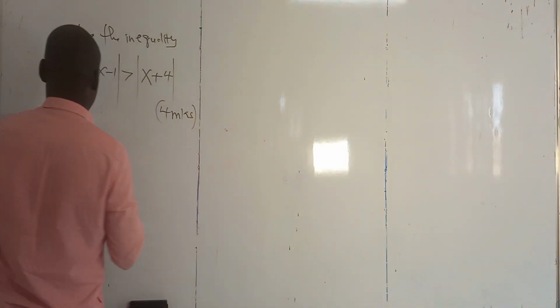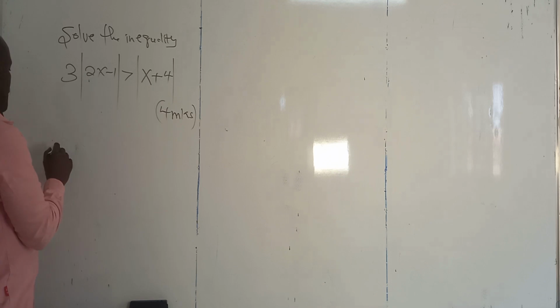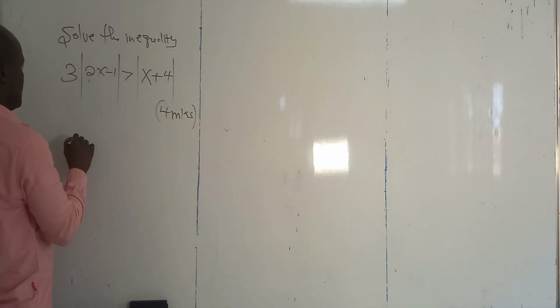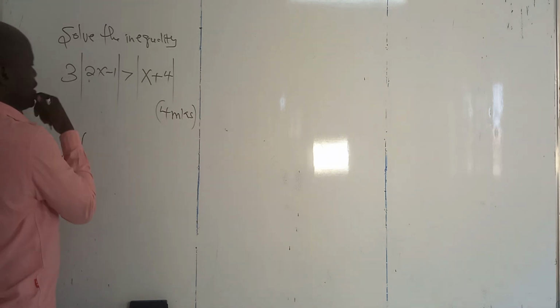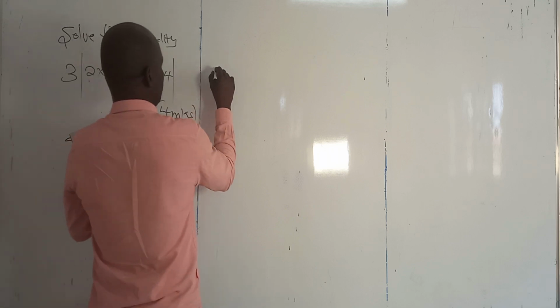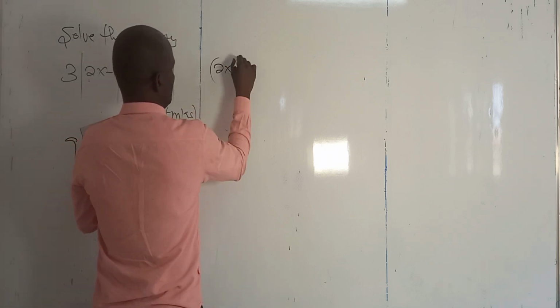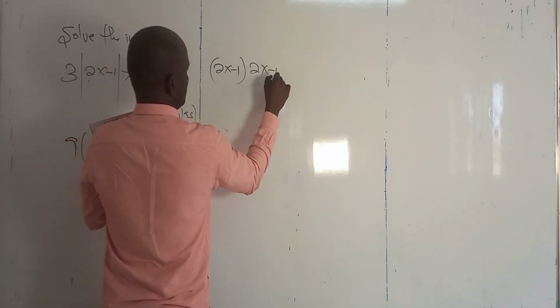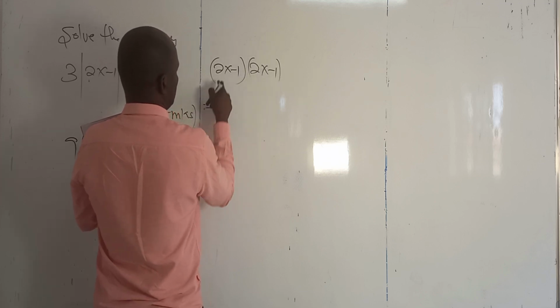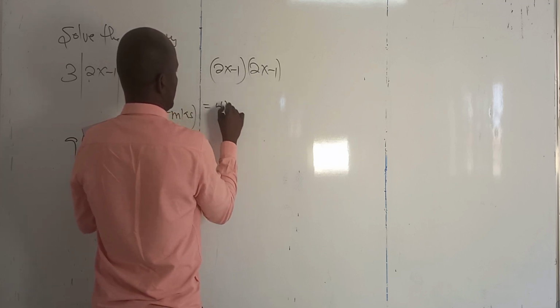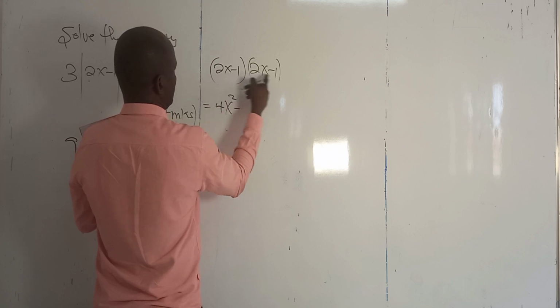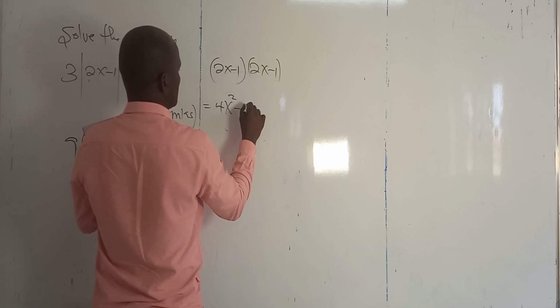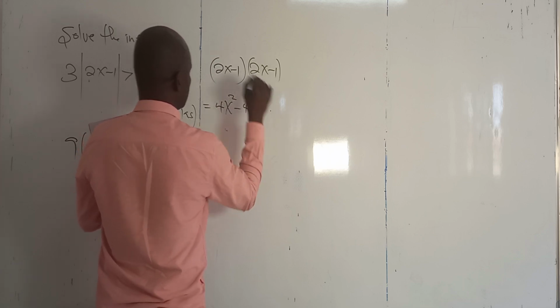So if I square 3, I get 9. And if I square 2x minus 1, 2x minus 1 times 2x minus 1, that should give me 4x squared minus 2x minus 2x, so it will be minus 4x plus 1.